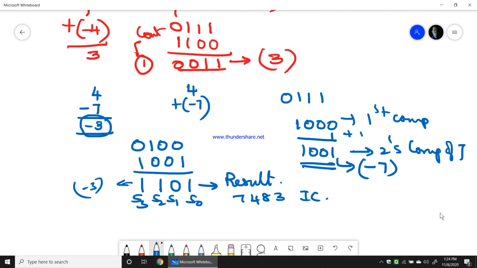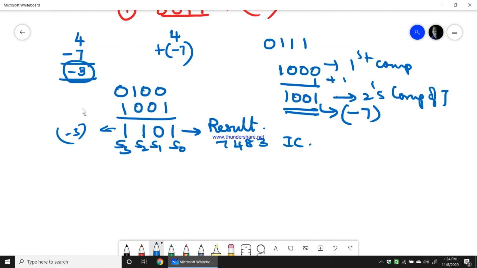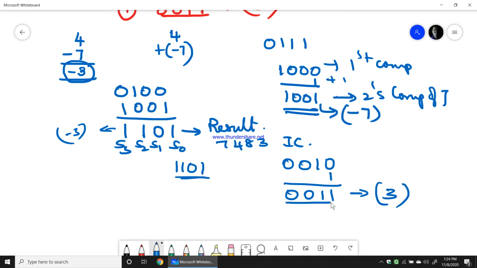To confirm whether that 1101 is minus 3, we take the 2's complement of this 1101. So what do we get? We know the 1's complement of 1101 is 0 0 1 0, and then I'll add that with 1. So I'll get 0 0 1 1. Is it not 3 here? 0 0 1 1 is 3. Can I say now 1101 is minus 3?